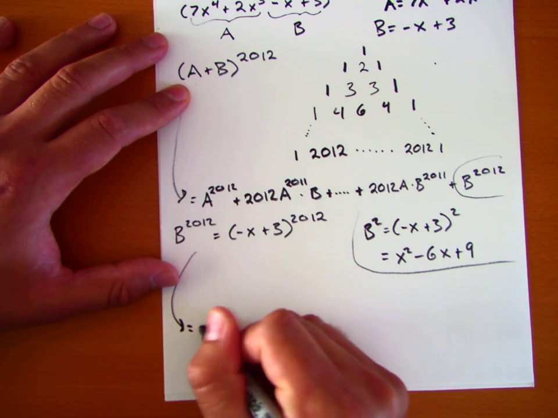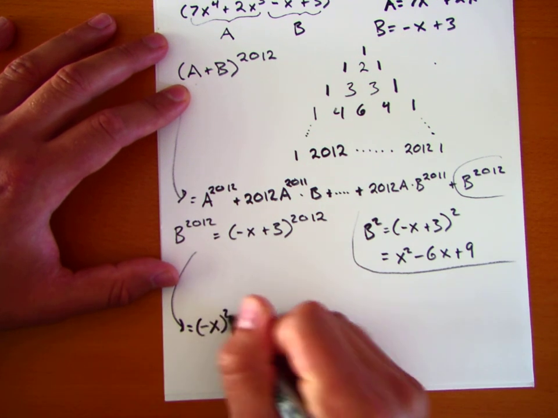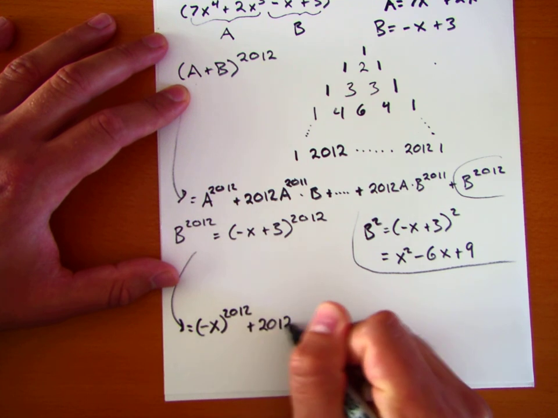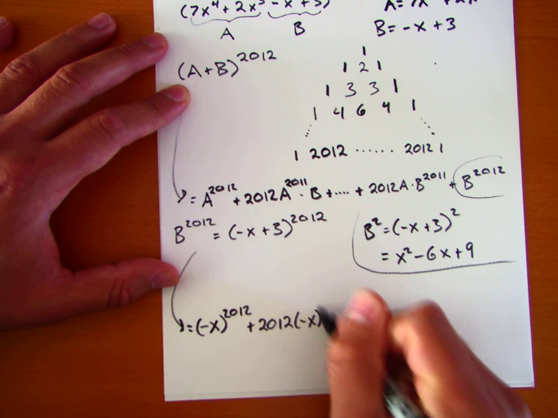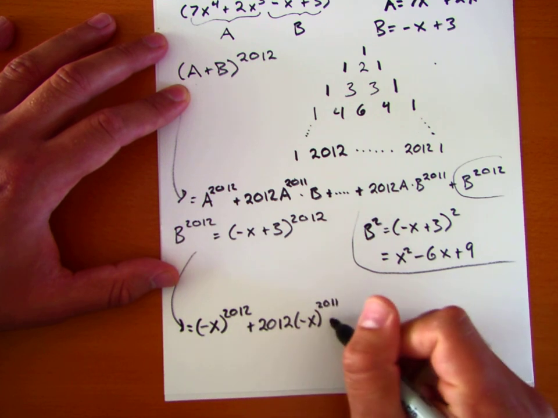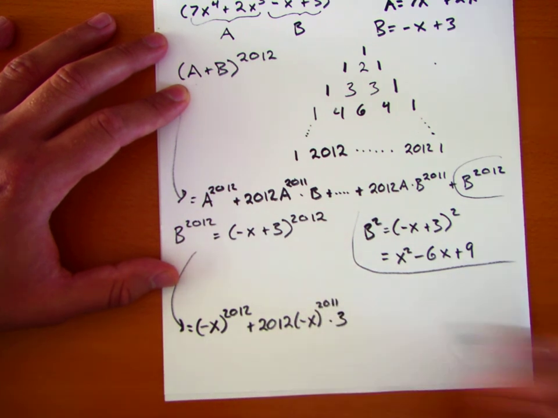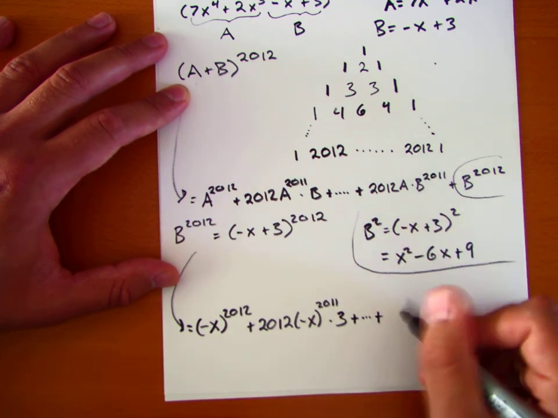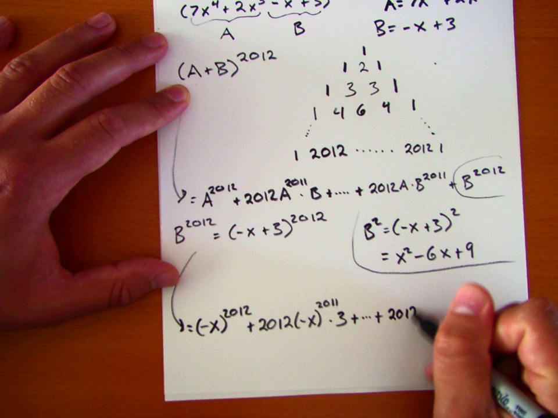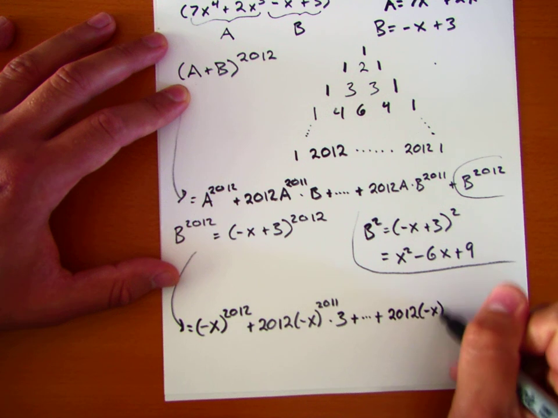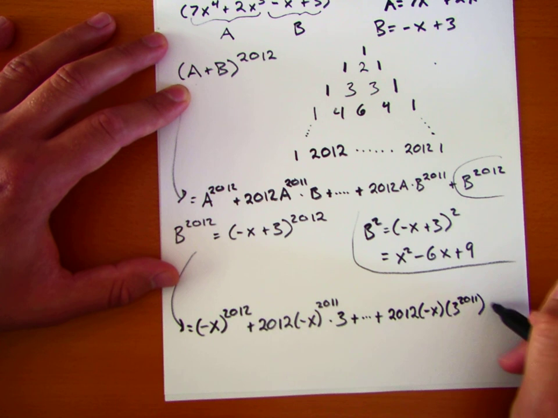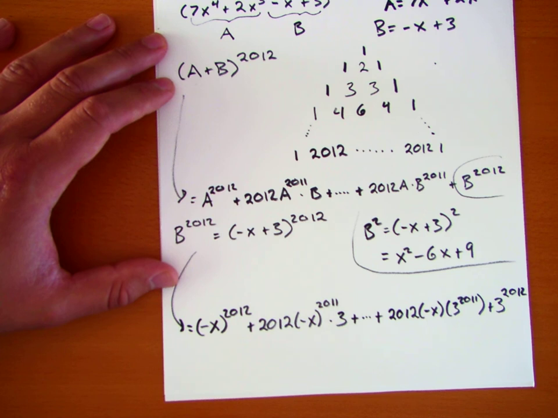If we did this out, this becomes (-x) to the 2012th power plus 2012 times (-x) to the 2011 times 3 to the first power, then plus a bunch of stuff in the middle, and then toward the end here we're going to get plus 2012 times (-x) to the first power times 3 to the 2011 plus 3 to the 2012.